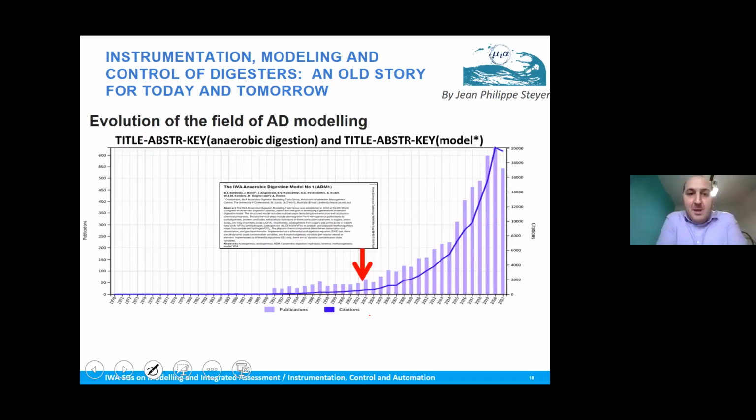He also described the evolution of anaerobic digestion modeling, which has experienced exponential growth over the past 15 years, mainly after the publication of the ADM1 model.